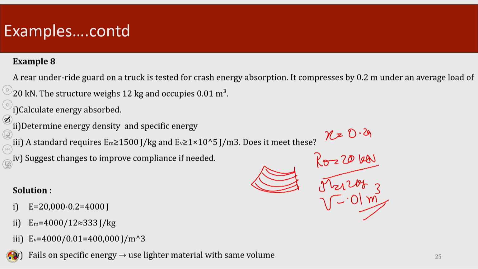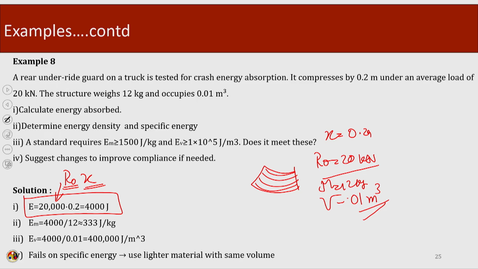The energy absorbed is given by R naught times x, that is the reaction force of the energy absorber times the dissipated stroke. The total stroke is 0.2 meter, so the energy absorbed, R naught times x, comes out to be 4000 joules.